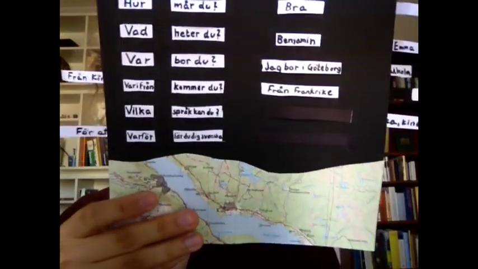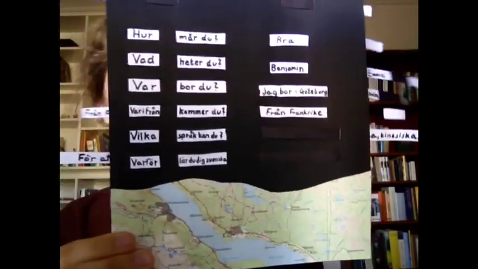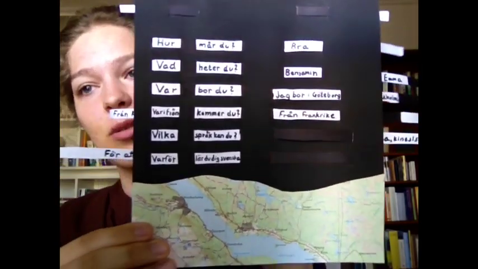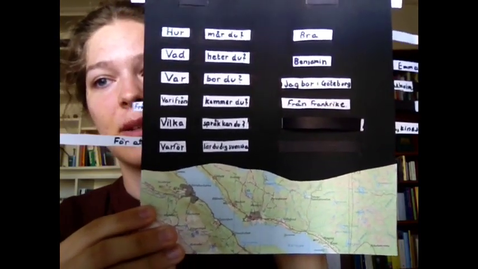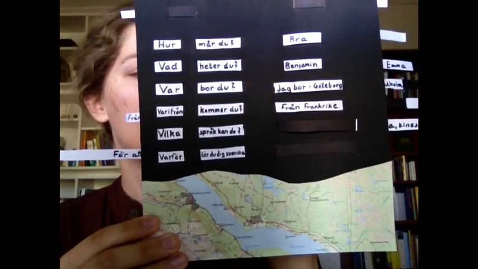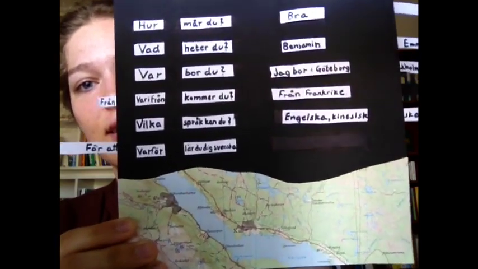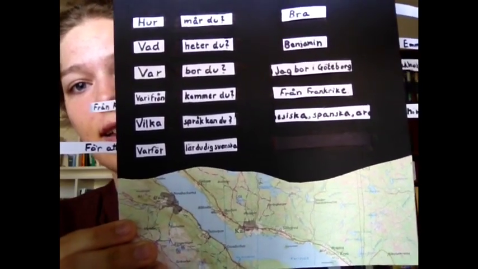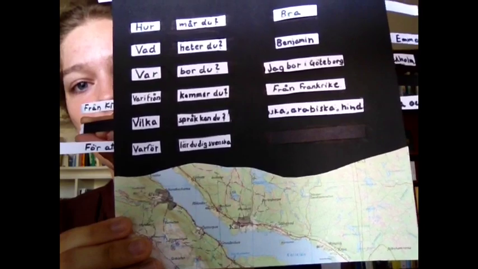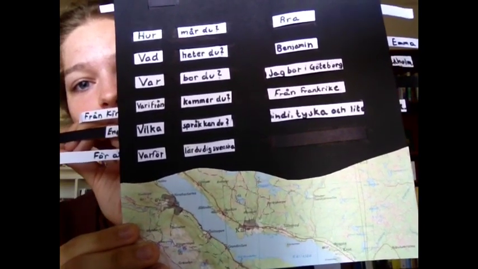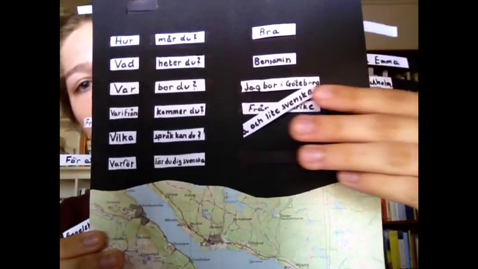And then this person, of course, wants to ask, what languages do you speak? Let's imagine this Benjamin from France is a hyper polyglot, and he replies, engelska, kinesiska, spanska, arabiska, hindi, tyska och lite svenska.